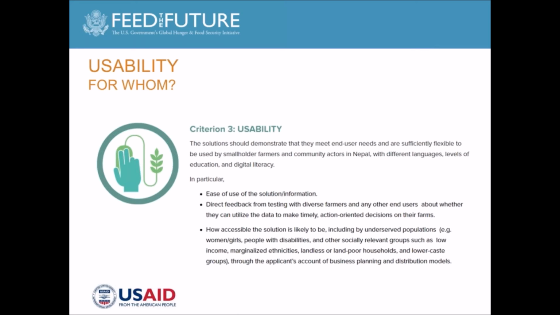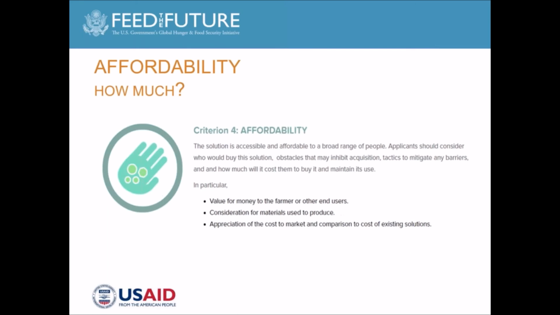They will have a possibility to test the solution with farmers and extension services, and they will be asked to collect direct feedback from the testing. So while you are ideating your solution in the entry at this first stage, it is important to factor in how you will be able to test your solution with farmers and extension services.